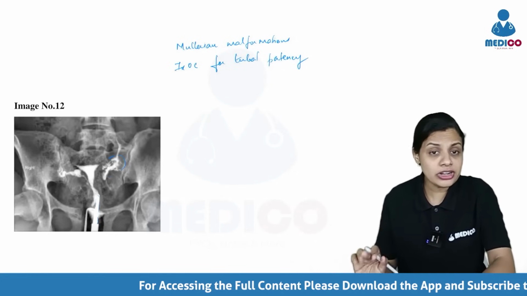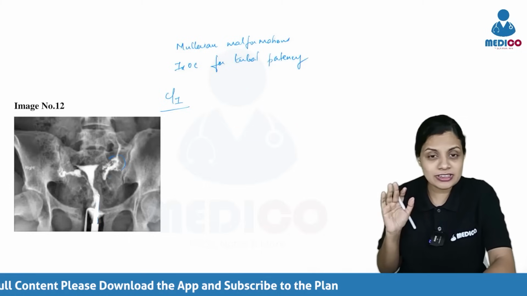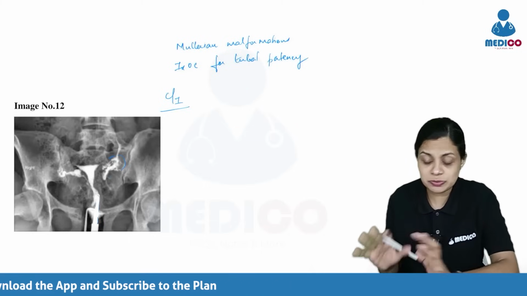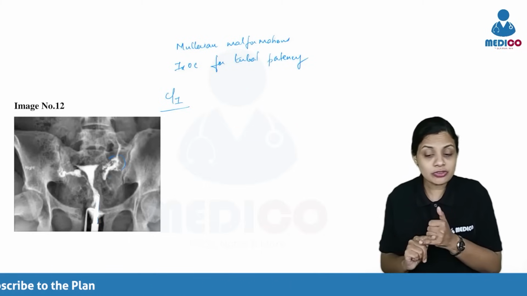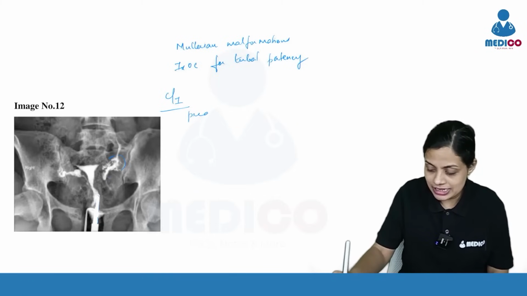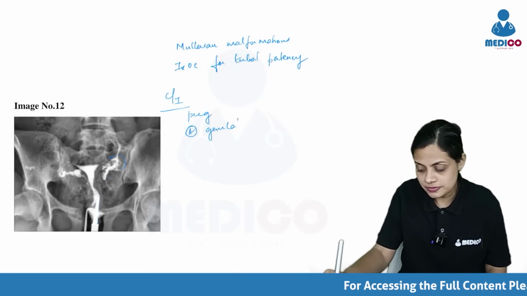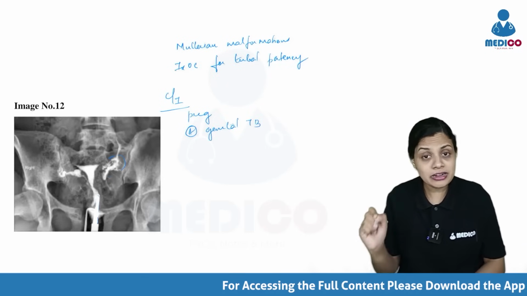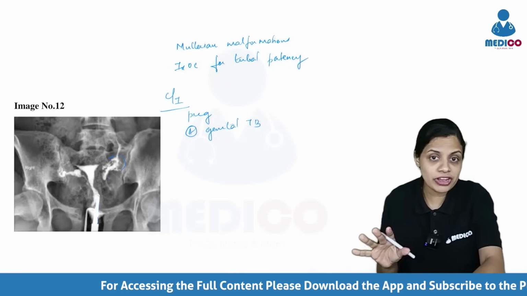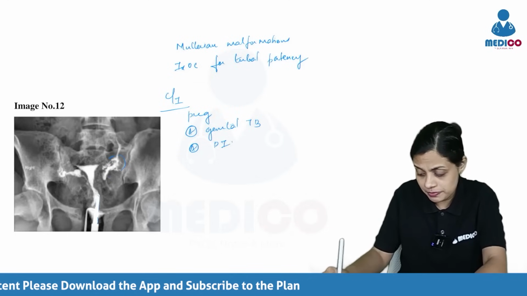Where is it not done? Where is HSG contraindicated? You can be given this picture and asked, where is this procedure contraindicated? First of all, you have to know that this is an HSG. It is contraindicated in pregnancy, in active genital tuberculosis. It can be done in genital tuberculosis, but not when the disease is active. It is also not done in active PID.